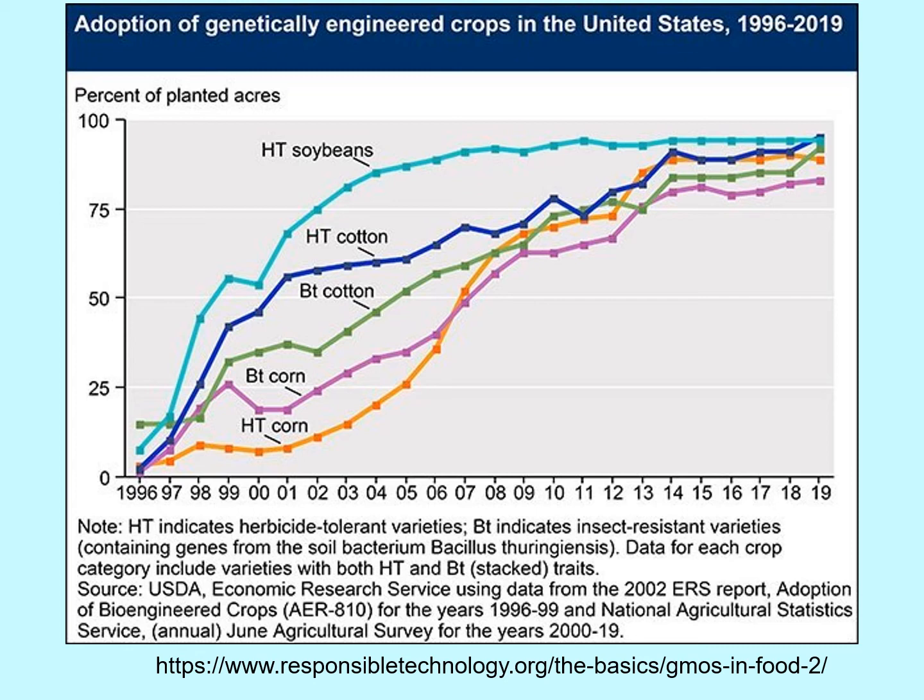And you can see that in all cases, it looks like it's about 80% up into the high 90% of the acres of these crops are genetically modified for either one of these indications. So are they herbicide tolerant? Are they insect resistant because they have the bacteria Bacillus thuringiensis?